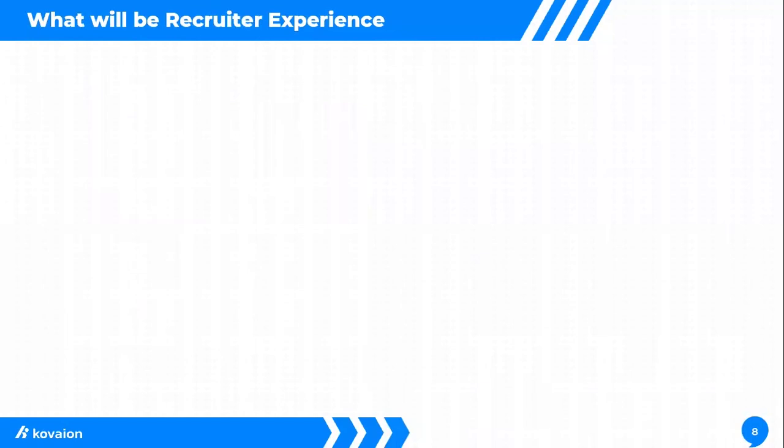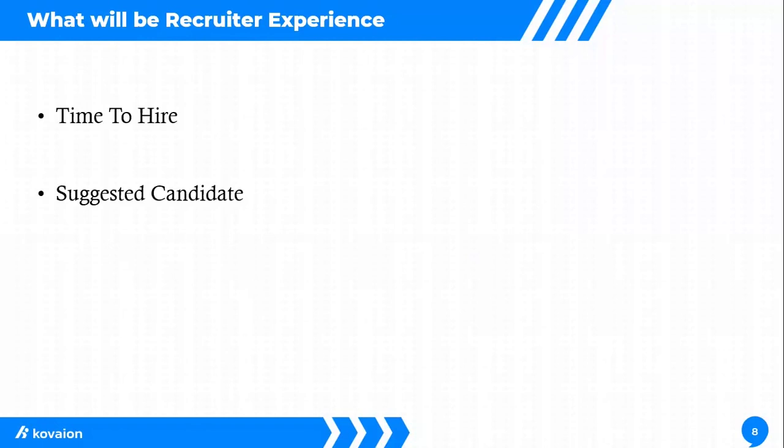Moving on to the recruiter experience. A few things we will see today are, first, time to hire. This would let the recruiter know the time taken for the requisition to be closed, or how long it is going to take to hire a candidate.